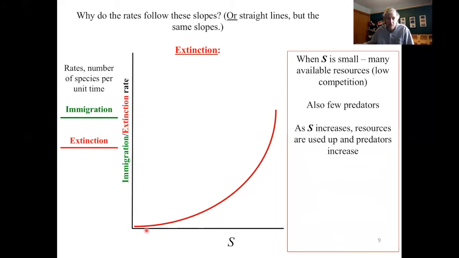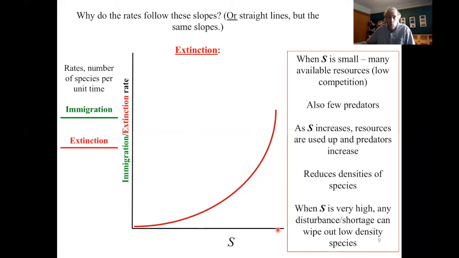As species richness increases, however, resources are used up and the number of predator species on the island increases. This increased competition and increased predation reduces the densities of species. It reduces the number of individuals in each species. And when S is very high, any disturbance, stochastic shortage, can wipe out low density species.